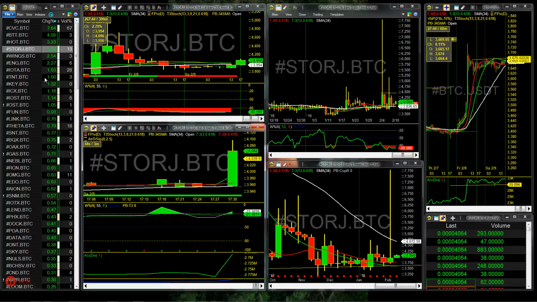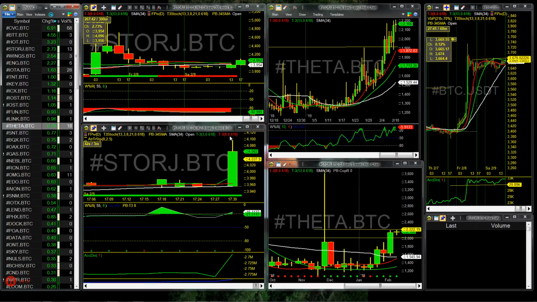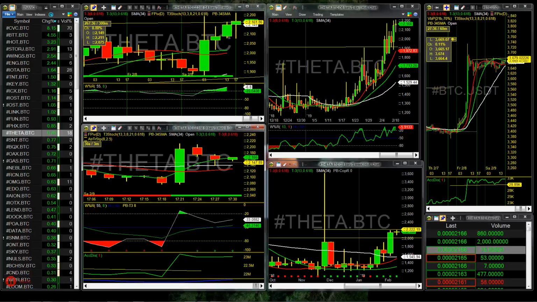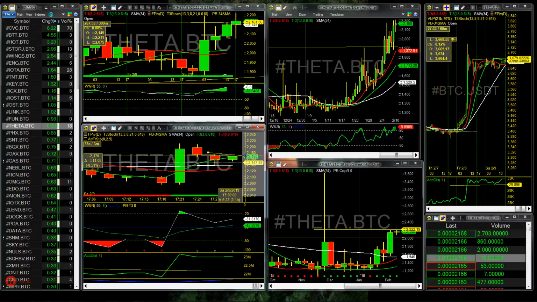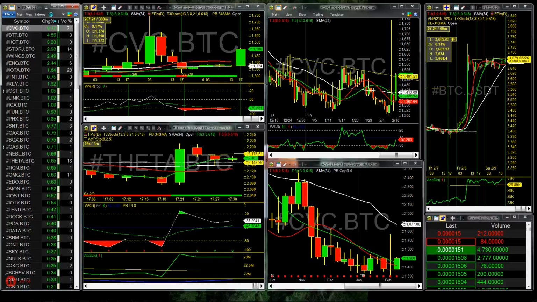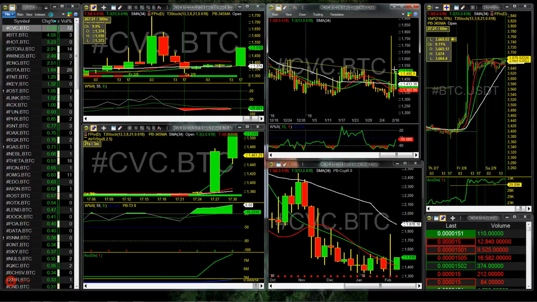So far, IOTA stalled out. There's Theta back again. Had the pop, came back in. Let's see if we can't confirm. Damn. This thing's smoking. Crossing over the daily there.